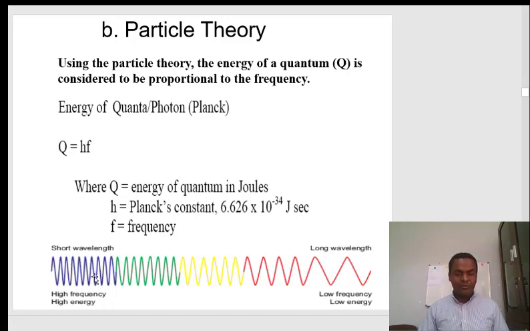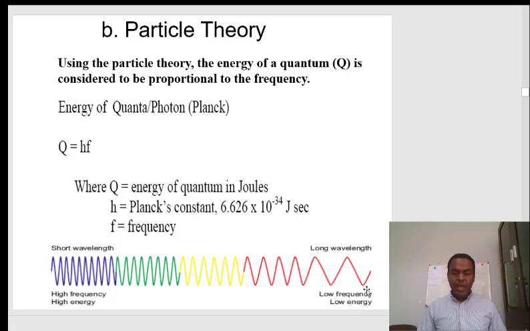Okay, take a look at this figure. So this is a short wave. Short waves are associated with high frequency. High frequency is associated with high energy. High frequency and energy are related based on particle theory, while frequency and wavelength are related based on wave theory. If you go on to the long wavelength range, such as radio waves, TV waves, you'll find lower frequency and lower energy.